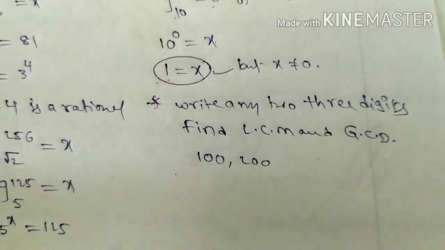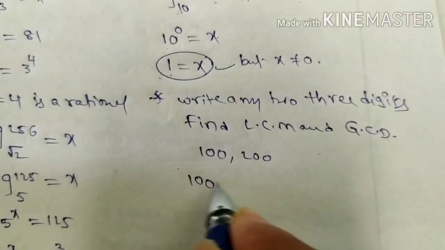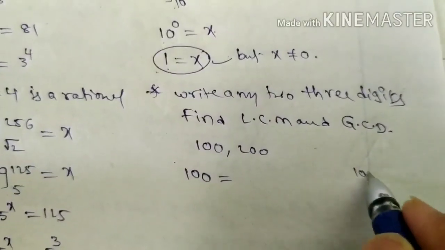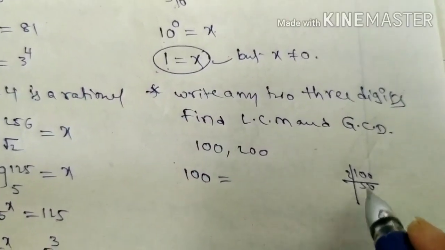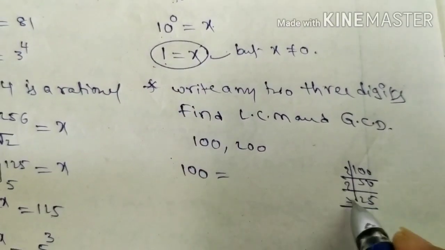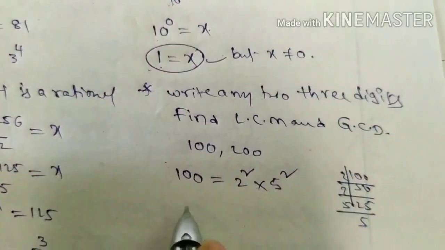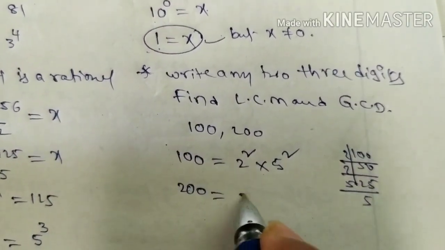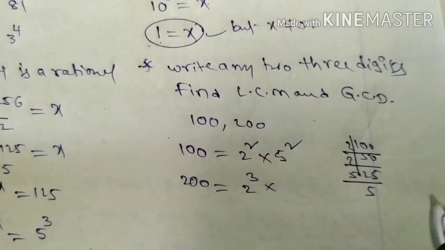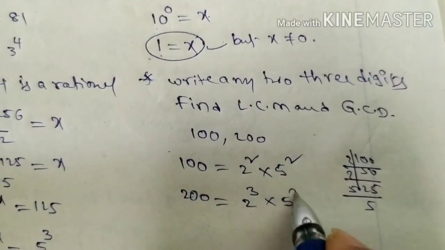Find LCM and HCF. For suppose 100, how can you write the prime factorization? 2 into 50, 2 into 25, 5 5s are 25. So it is written as 2 square into 5 square. Similarly 200 is written as 2 cube into 5 square.